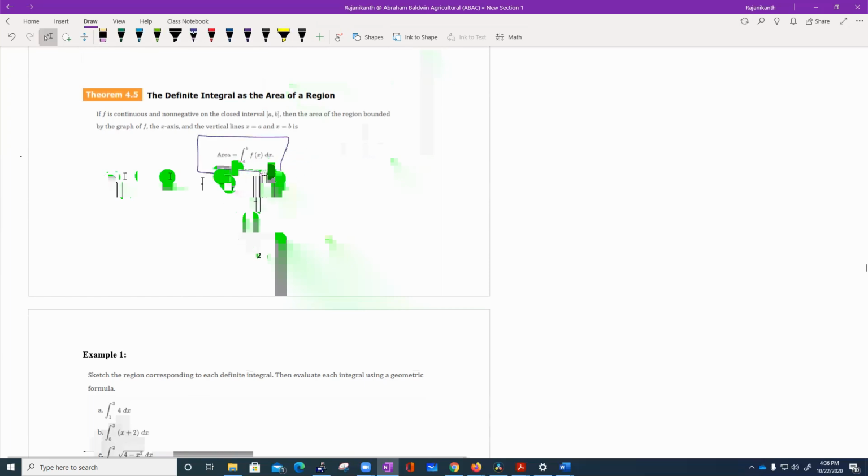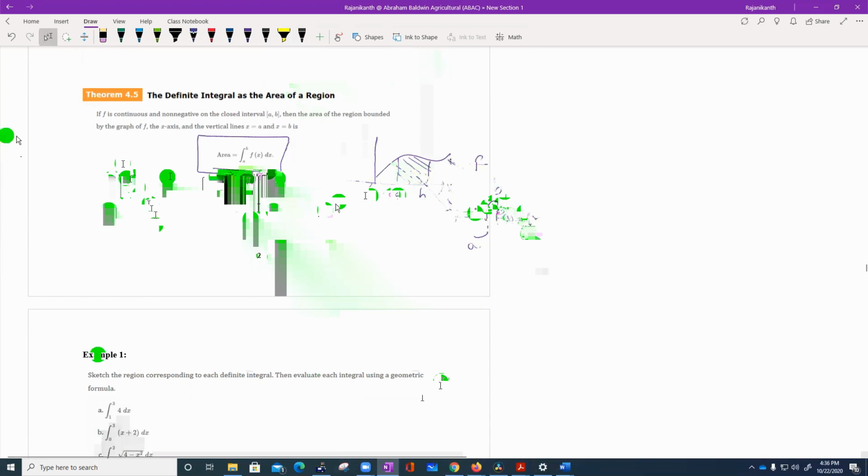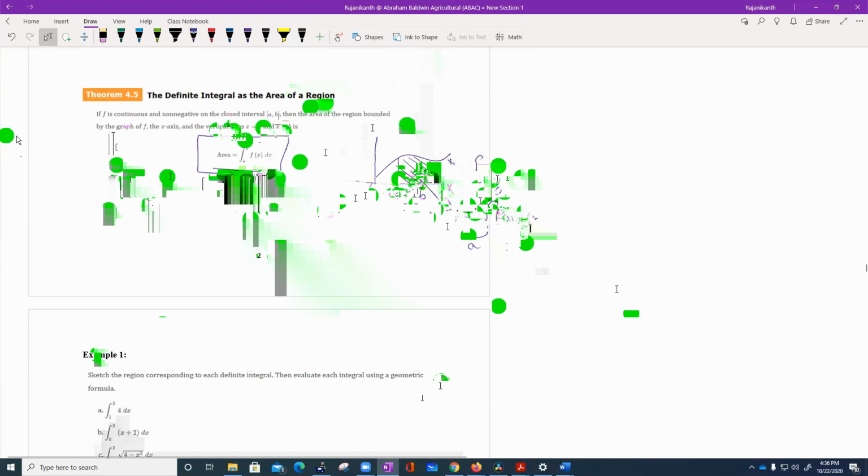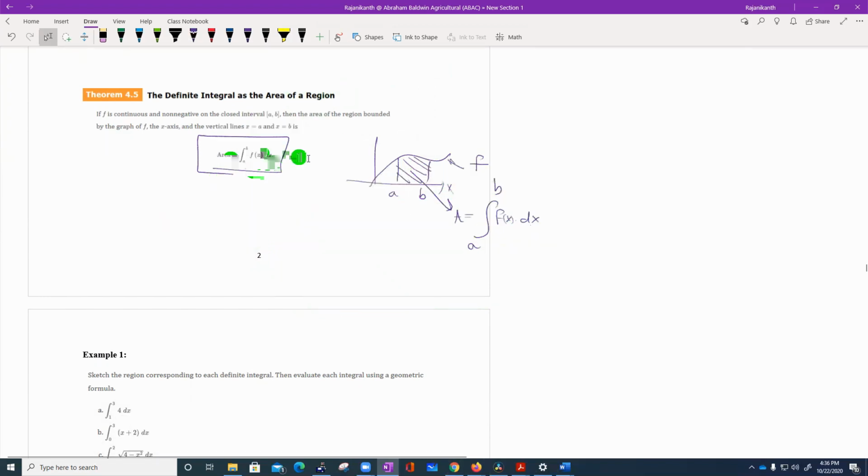The area of any curve from a to b, say this is the given curve f, is simply given by the integral from a to b of f(x) dx. The only condition is that your function should be continuous and non-negative, meaning above the x-axis on that closed interval. Then the area is given by this antiderivative formula.